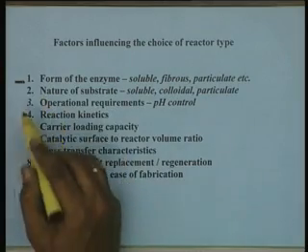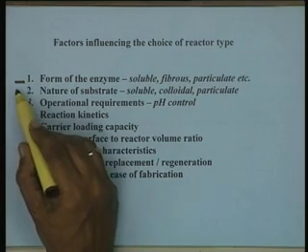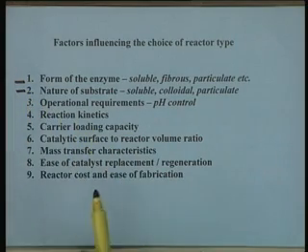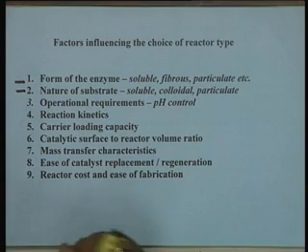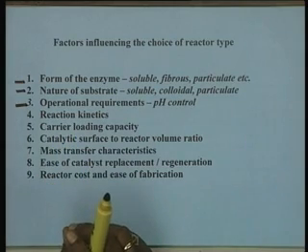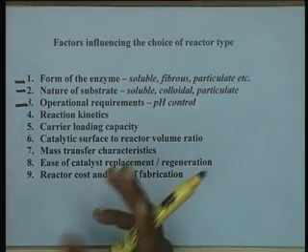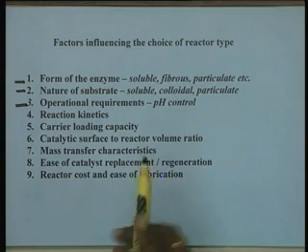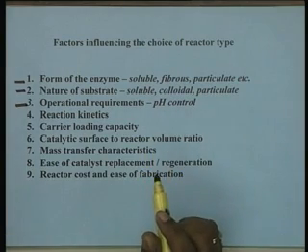For example, form of the enzyme, the nature of the substrate is also fixed. I mean, once the enzymatic reaction is defined, the nature of substrate is fixed. The operational requirement is also fixed depending upon the nature of the enzyme catalyzed reaction, whether an acid is produced or consumed, and pH control is a requirement.